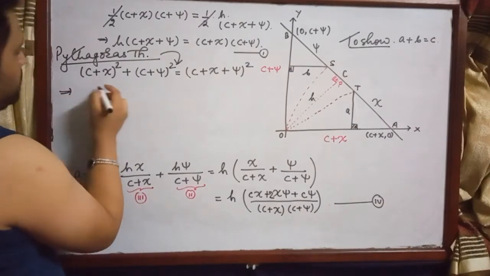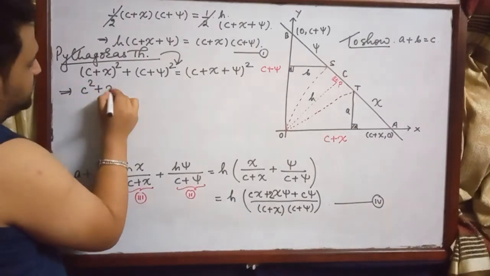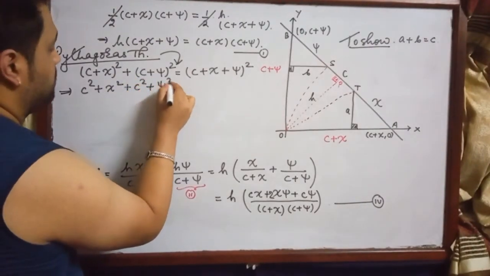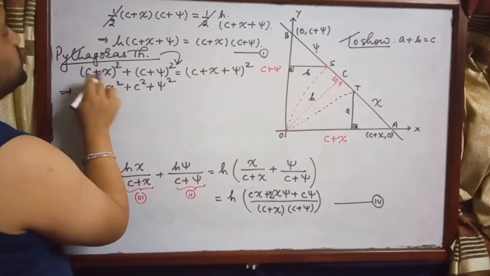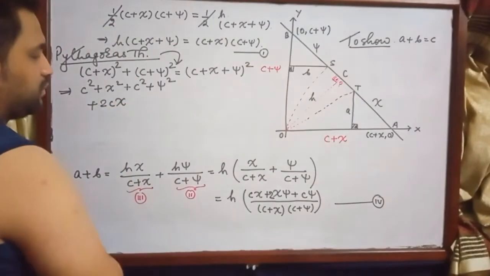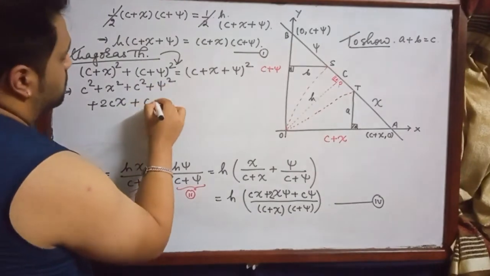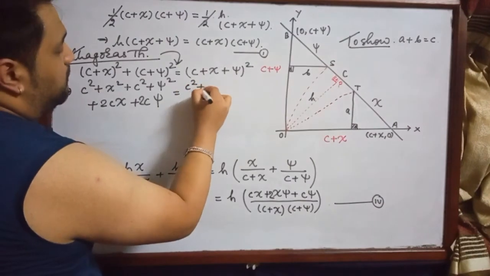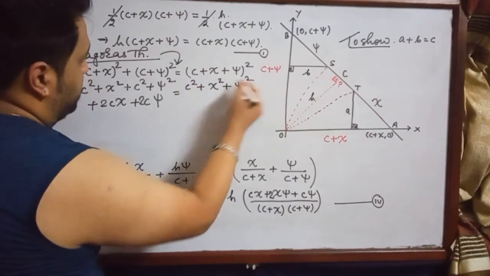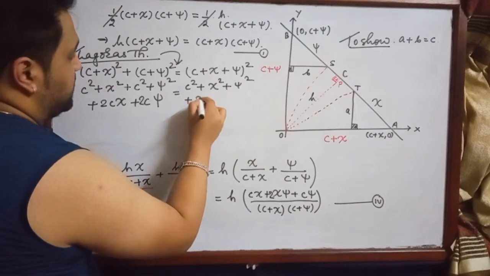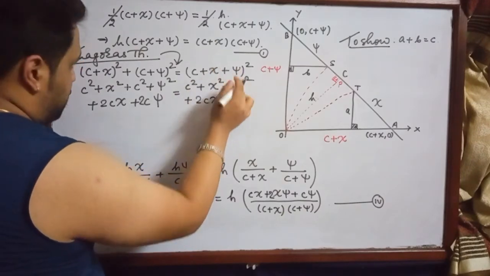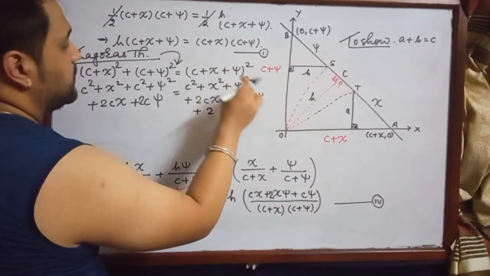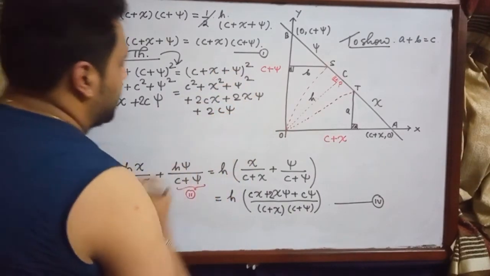Let's expand them: c squared plus chi squared plus c squared plus psi squared plus 2c chi plus 2c psi, which is equal to c squared plus chi squared plus psi squared plus twice c chi plus twice chi psi plus twice c psi.